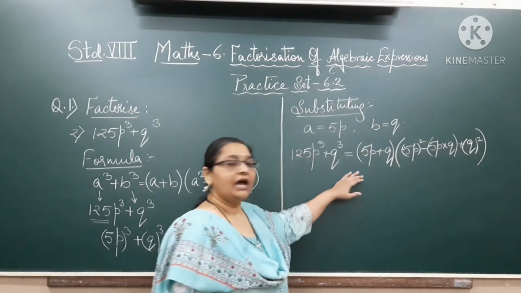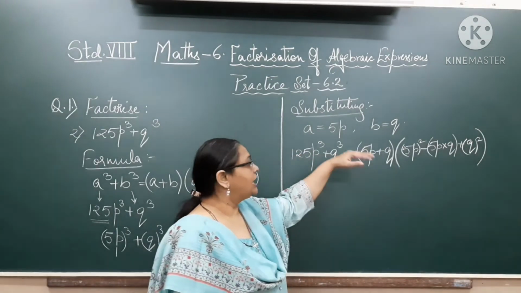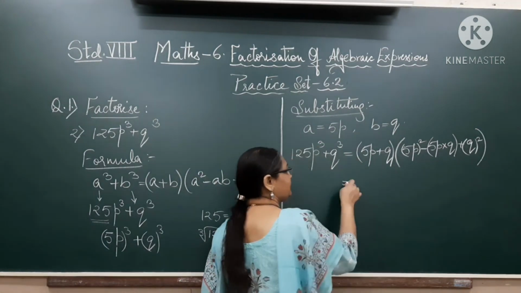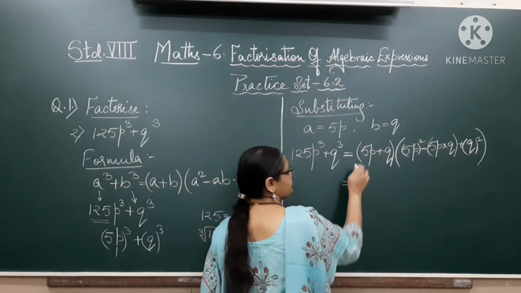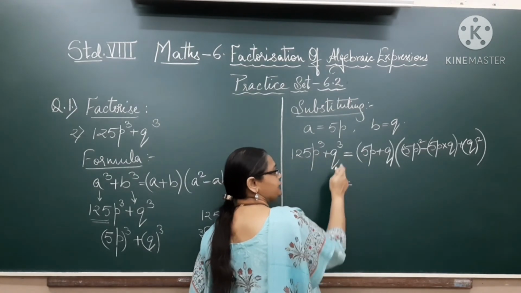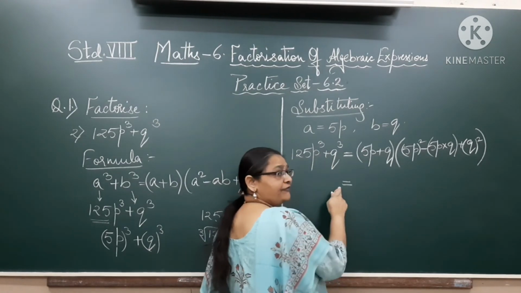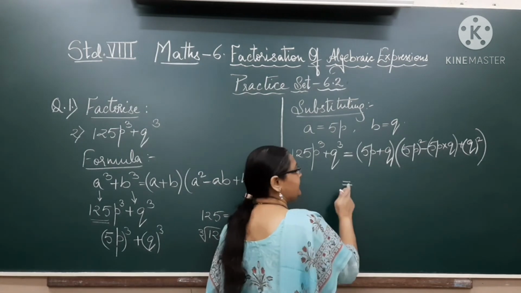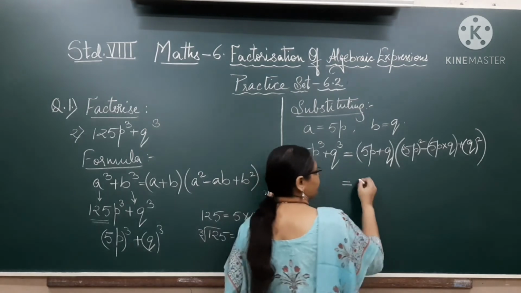That is what I have substituted. Now let us simplify this further. Notice that the equal to sign is below this, so the left hand side is not going to change. We are going to simplify only the right hand side of the equal to sign. So let us do it.